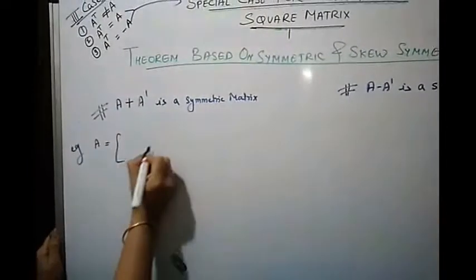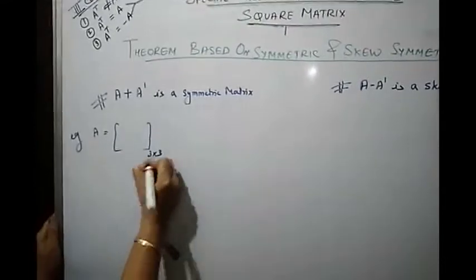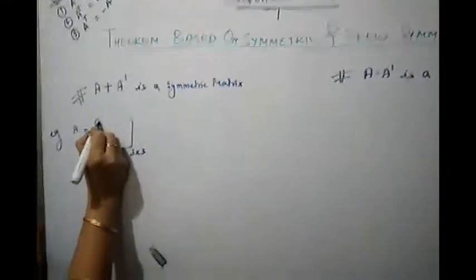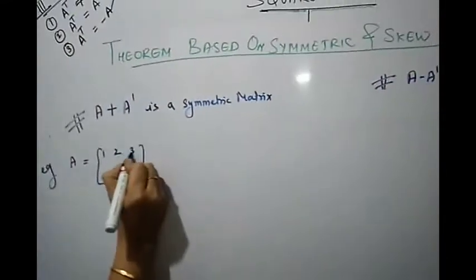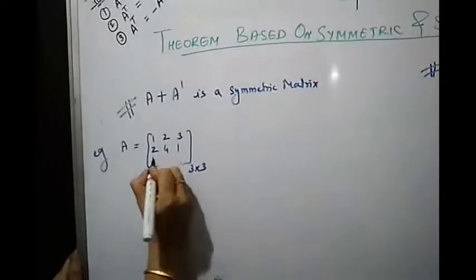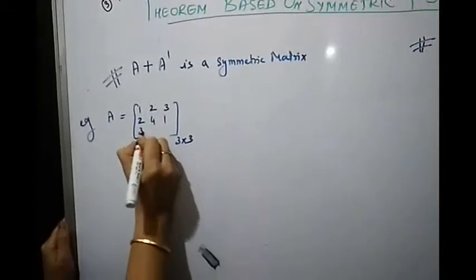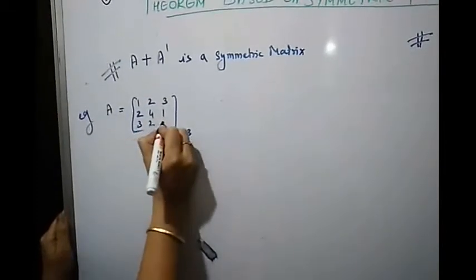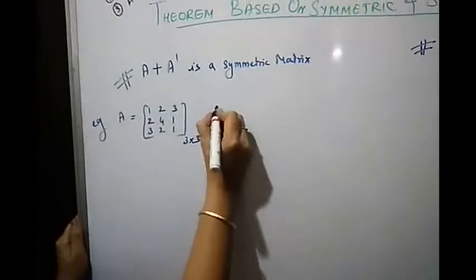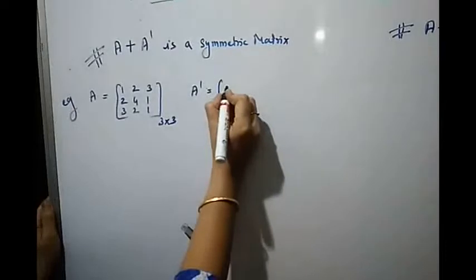Take any matrix, but it should be square. So I am taking the elements 1, 2, 3, 2, 4, 1, 1, 3, 2, 1. Then A transpose will be equal to the first row.